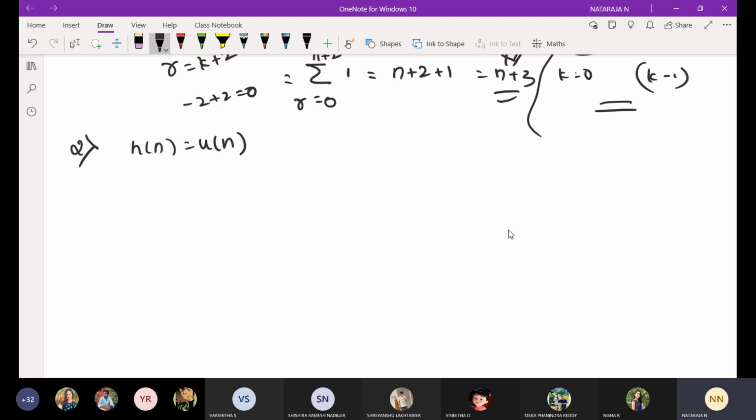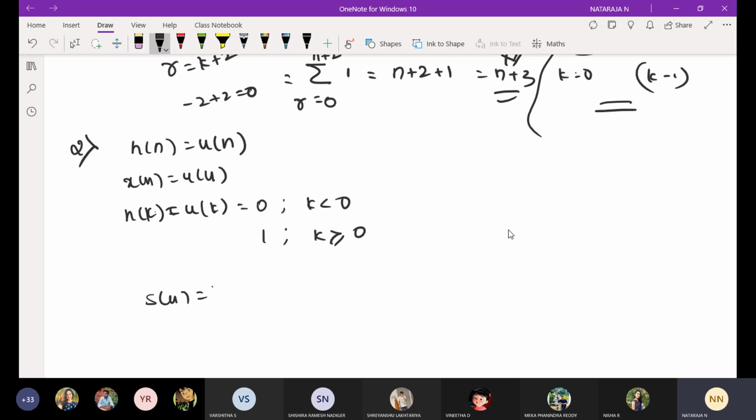What is the answer you got? My x of n is equal to u of n. Then h of k is equal to u of k, which is 0 for k less than 0 and 1 for k greater than or equal to 0, so the sum runs from 0 to n.